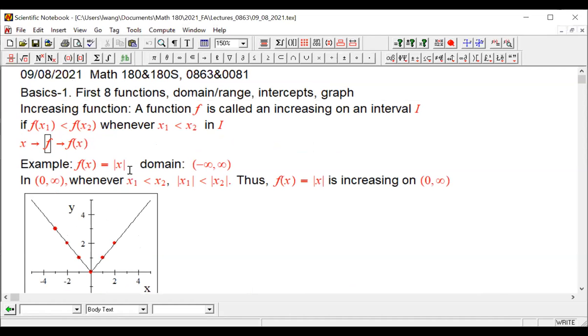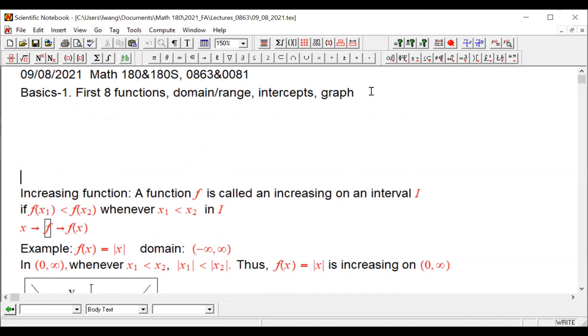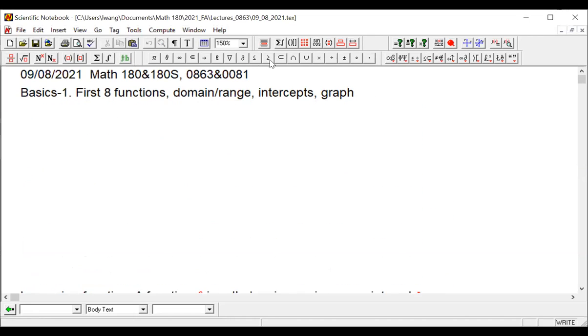But for this course, I'm going to continue on something we must do to prepare you for a calculus class, which is the next function, number 9.